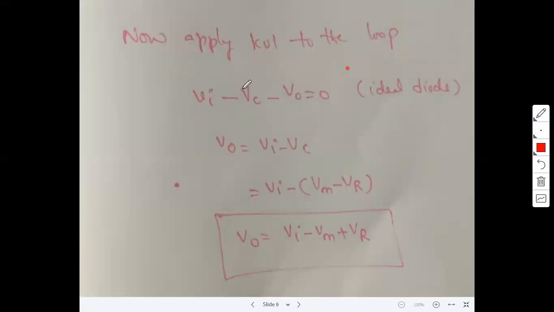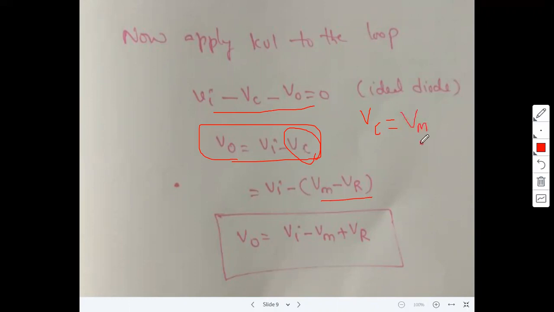Okay. Now apply KVL to the loop, same circuit. Vi minus Vc minus Vo is equal to 0, ideal diode. Vo is equal to Vi minus Vc, same as the normal negative clamper. But now the capacitor voltage is equal to Vm minus Vr. Previously, without bias, the capacitor voltage was equal to Vm.